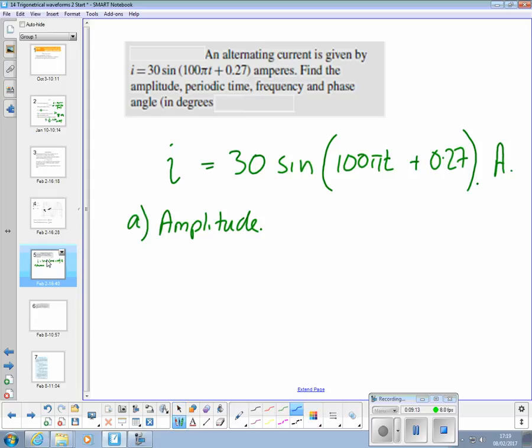You just have to know that that function is in the standard form of i is equal to A sine (omega t plus or minus alpha). It's in that form, so you just pick the amplitude out of the standard form. 30 amps. Yep.